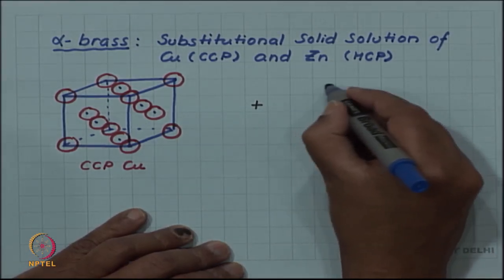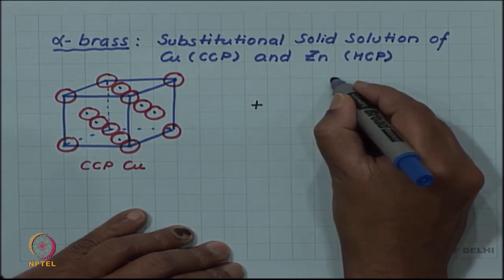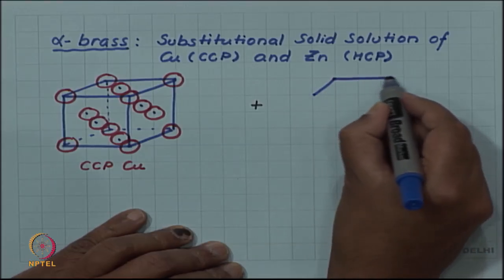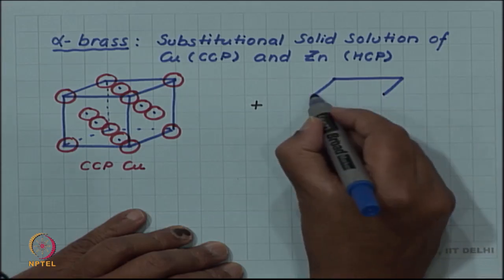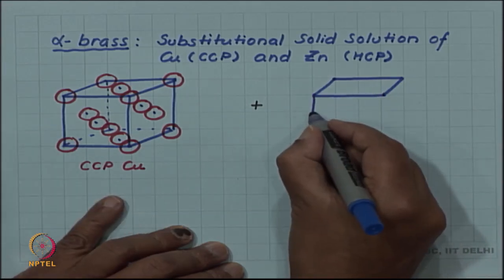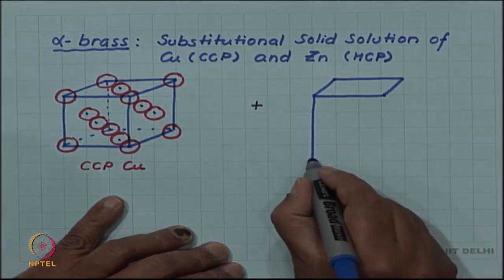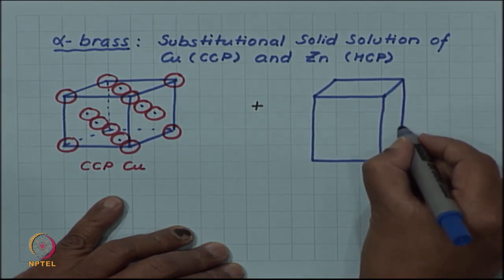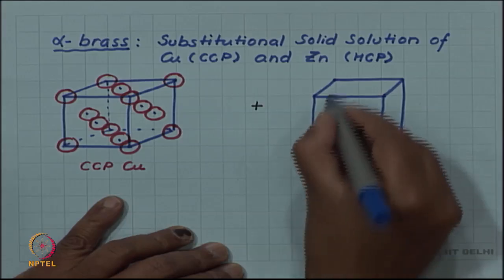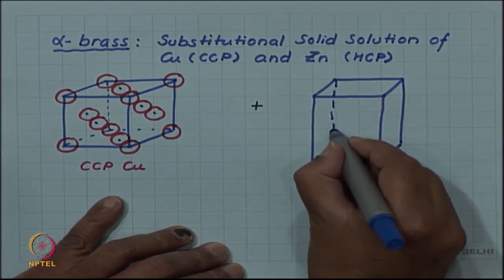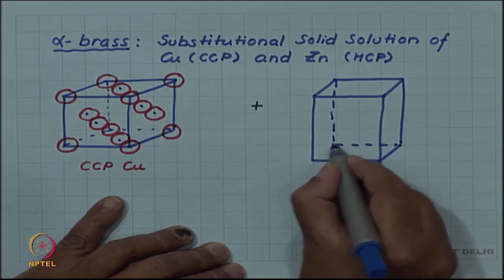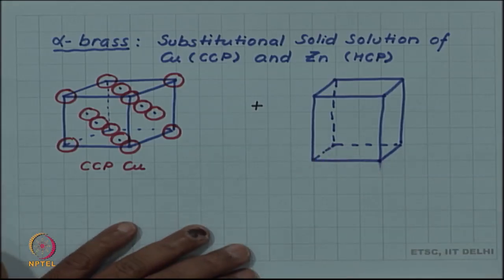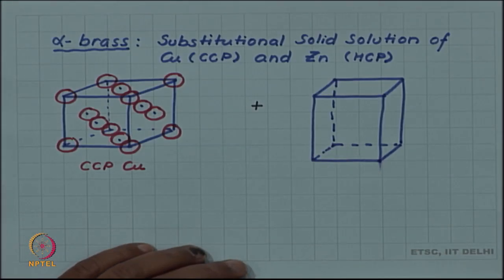zinc has a hexagonal close packed structure, where as you know it is an AB kind of stacking.